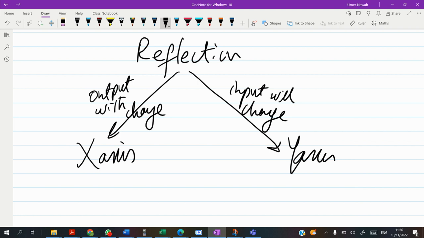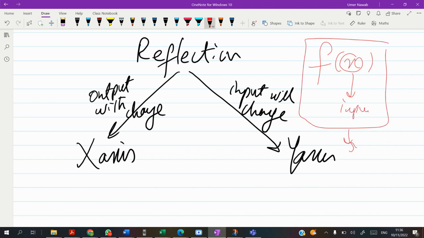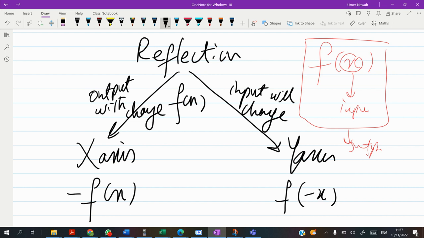How? f of x, this is input and this is output. In x-axis, I need to change the output, so you need to write minus f of x. Your original function is f of x. When it is minus f of x, it means your point has been reflected about the x-axis. If I change the input, it means I'm reflected about the y-axis. Be careful, guys. Okay? So this is reflection.